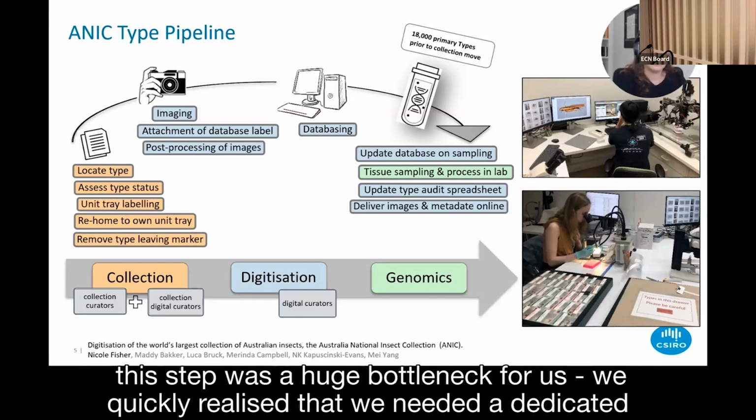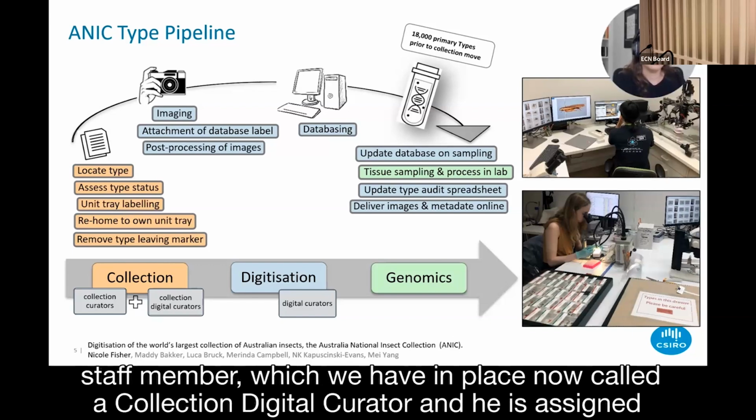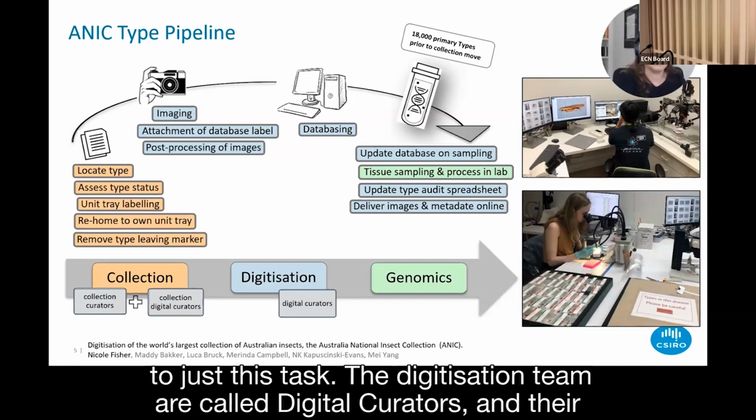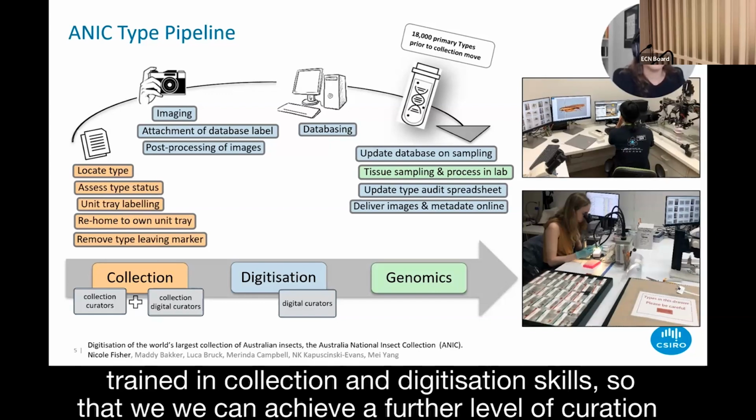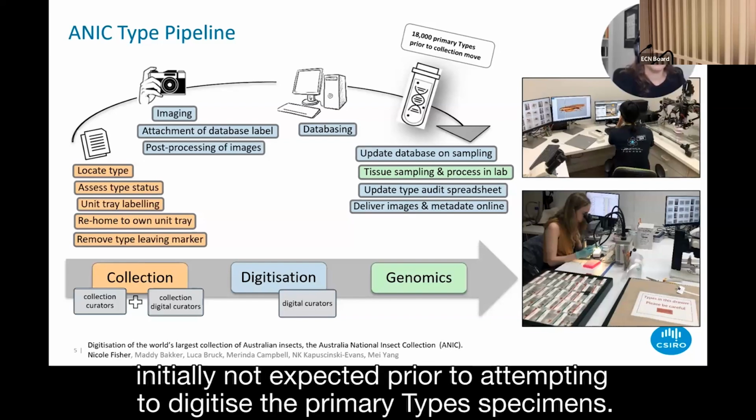We quickly realised that we needed a dedicated staff member, which we have in place now, called a collection digital curator, and he is assigned to just this task. The digitisation team are called digital curators, and they're trained in collection and digitisation skills, so that way we can achieve a further level of curation initially not expected prior to attempting to digitise the primary type specimens.